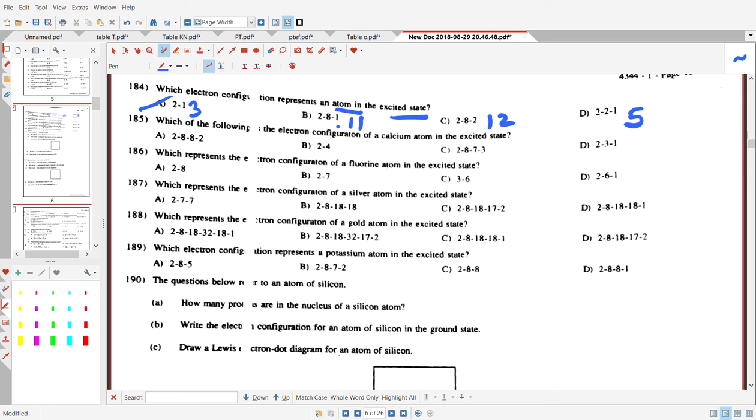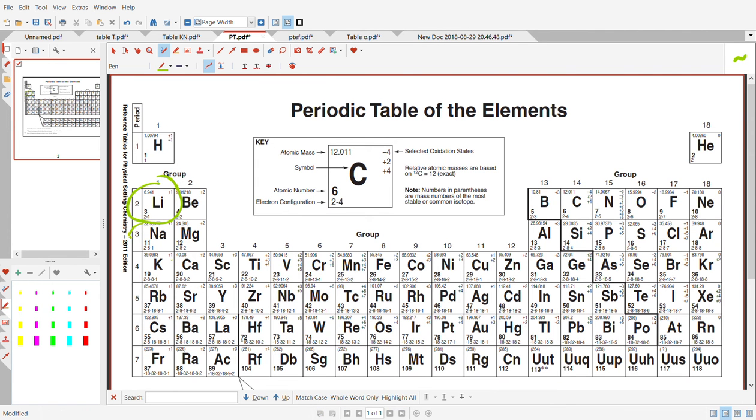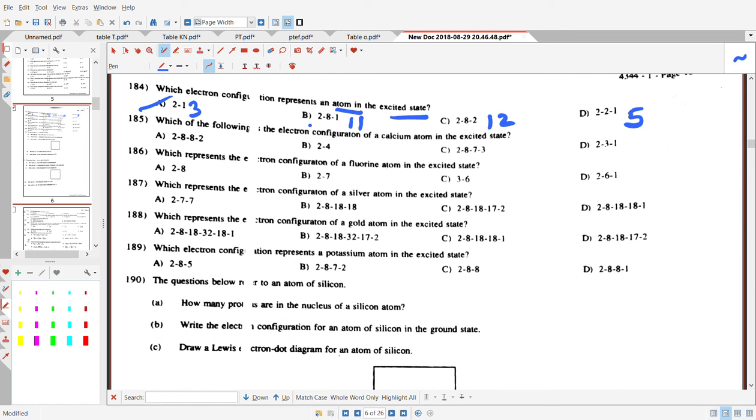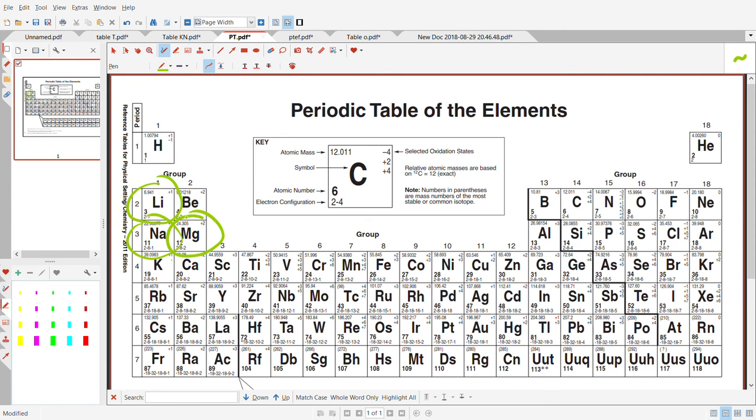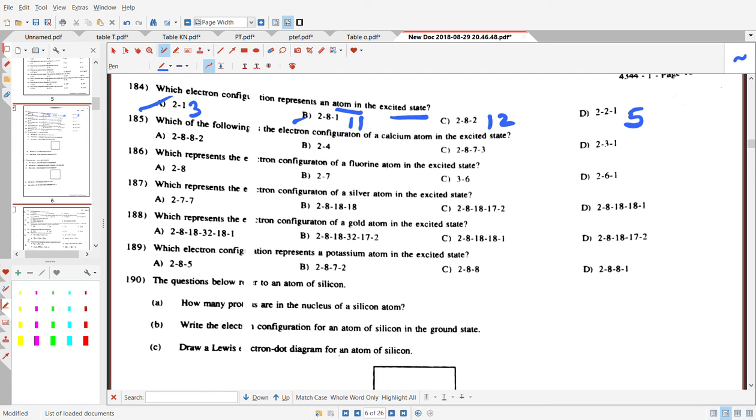This one is atomic number 11, which says 2-8-1, so that's ground, not excited. The next one says 2-8-2, which is atomic number 12, and it says 2-8-2 over here, so that one is not excited state, that's ground, that's where you just look up.